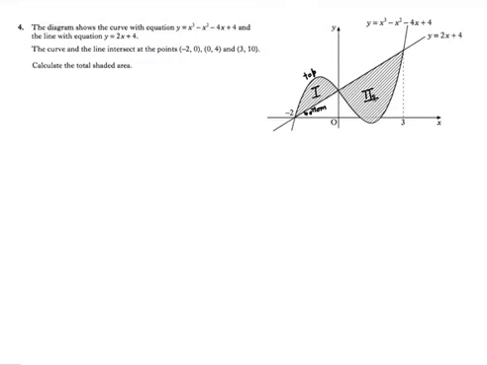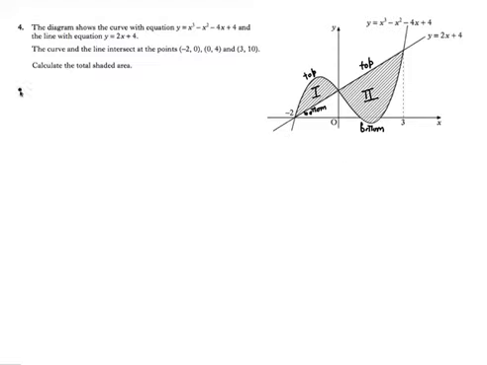When we get to this area, the top curve is the linear curve, 2x plus 4, and the bottom one in this case is the cubic, this expression here. So they've been swapped round.